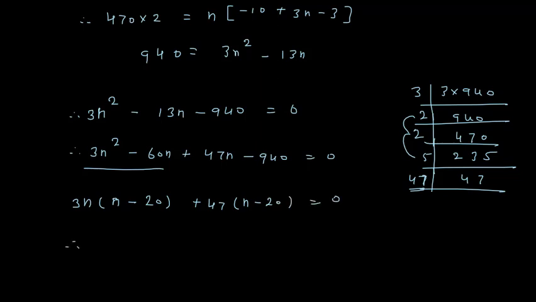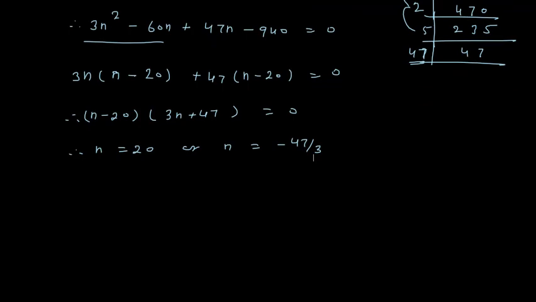So n minus 20 is in one bracket and 3n plus 47 is in the other bracket. So you will get the value of n as 20 or n is minus 47 divided by 3. Minus 47 divided by 3 is not possible.